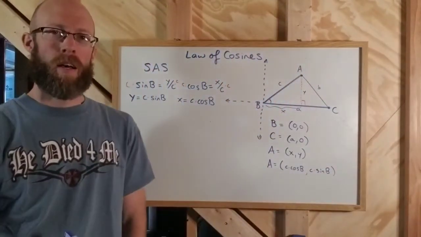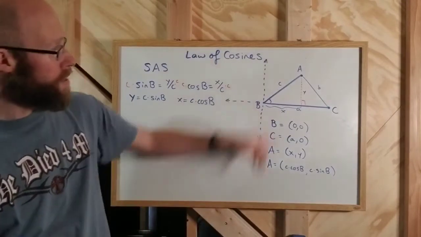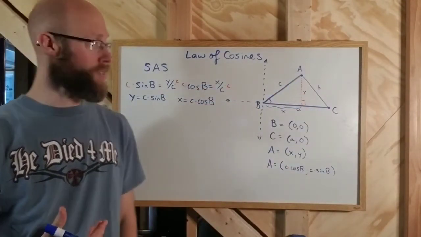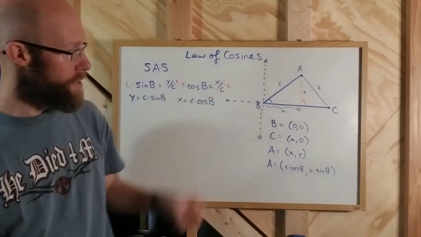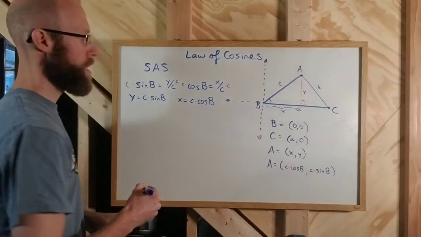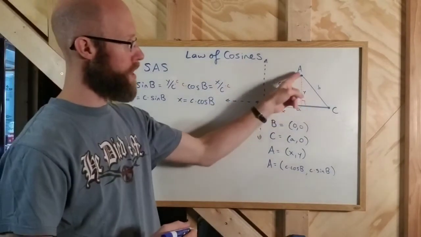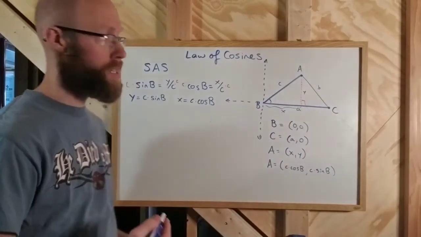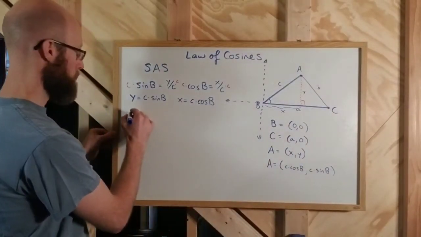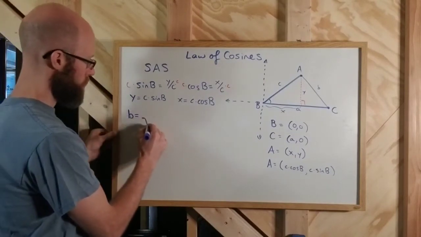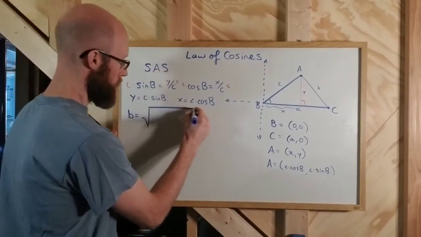Okay? So now let's consider side little b. That's the one we really haven't considered yet. We've looked at a and c. Little b over on the side can be found, that length can be found using the distance formula between 2 points. The distance between 2 points, we'll call that side b, is found using the distance formula.